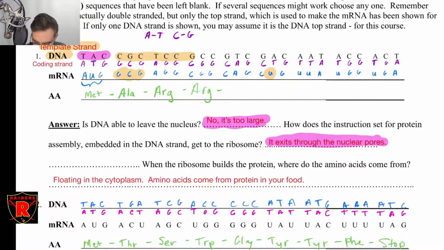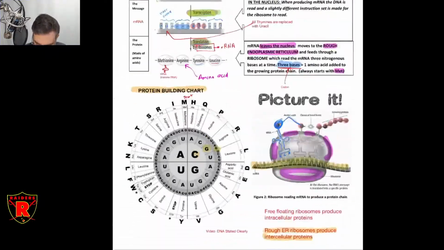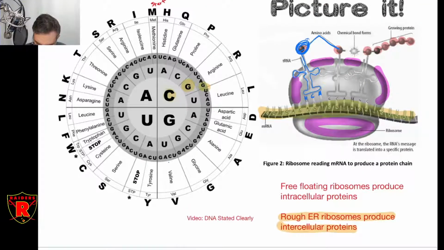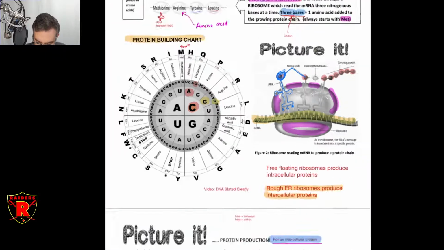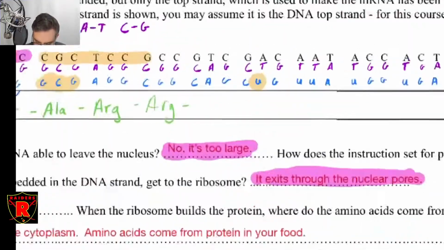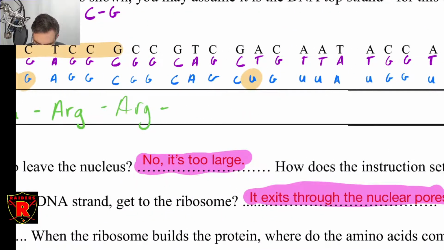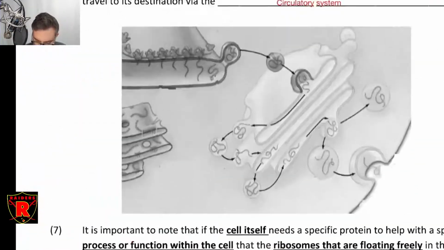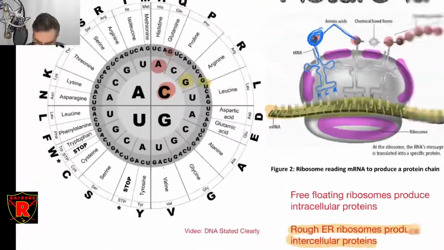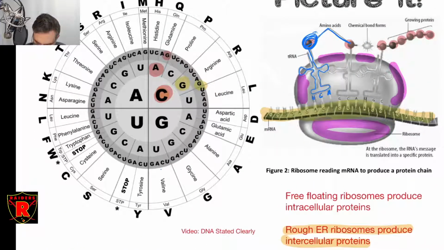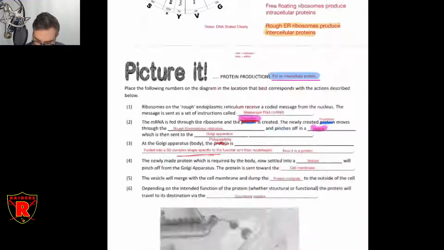And then we've got CAG is the next codon. I'll switch colors here for each of these. CAG, which is glutamine, which is GLN is the short form. Then CUG, which is leucine, so that's LEU.